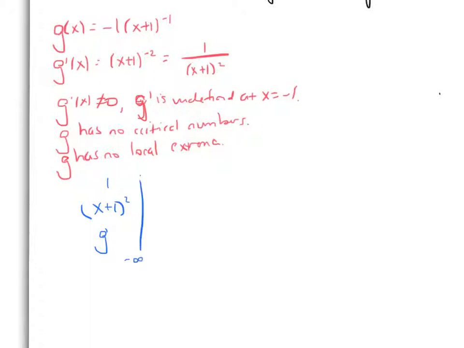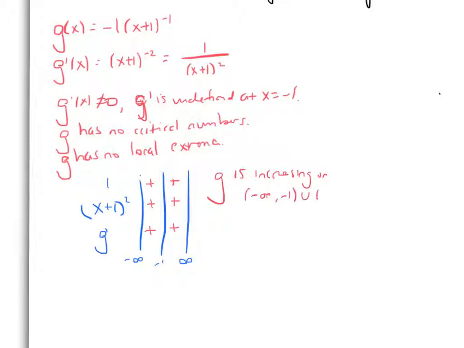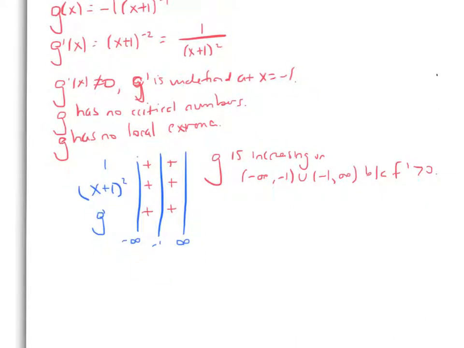So negative infinity to negative 1 to infinity, 1 is always positive, and x plus 1 squared is always positive, so g prime is always positive. So g is increasing on negative infinity to negative 1, and then from negative 1 to infinity because the derivative is positive. So always increasing.